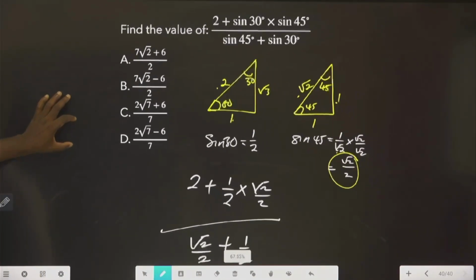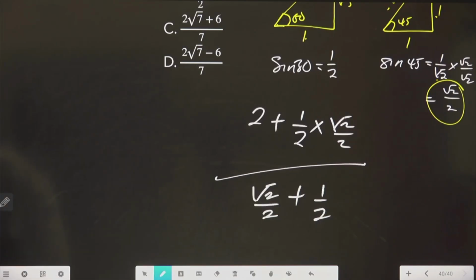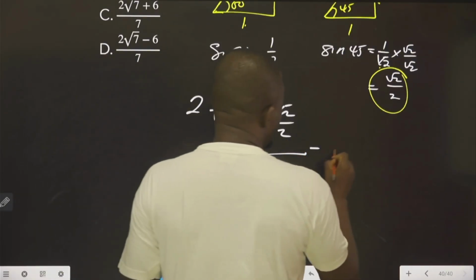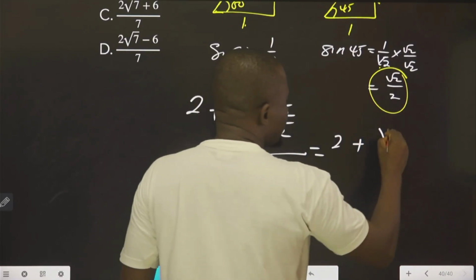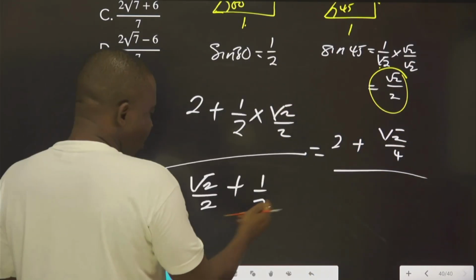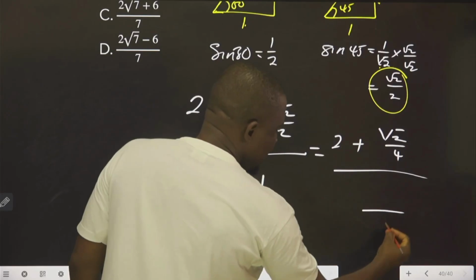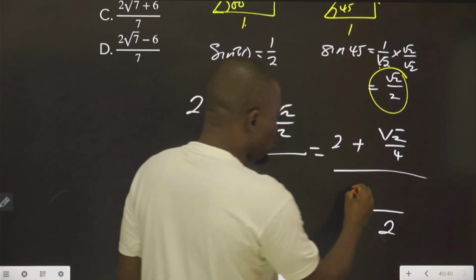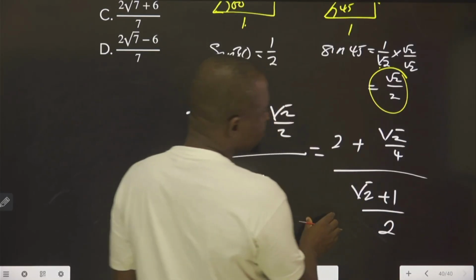Okay? Just substitute. Now, just basic maths. Now, all you have to do here, this is 2 plus square root of 2 over 4. This one, we can solve as LCM 2, square root of 2 plus 1.